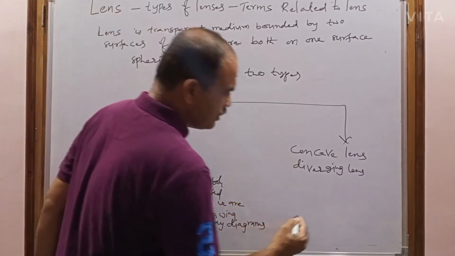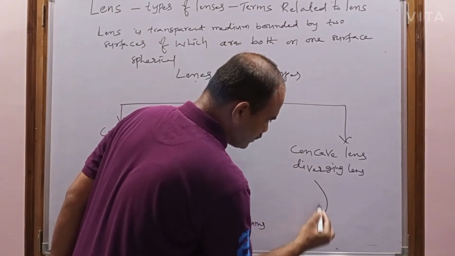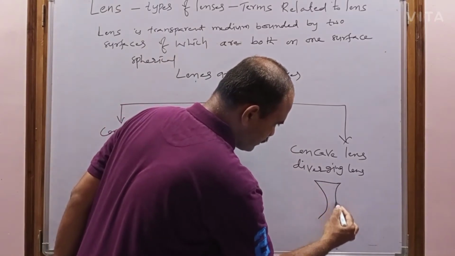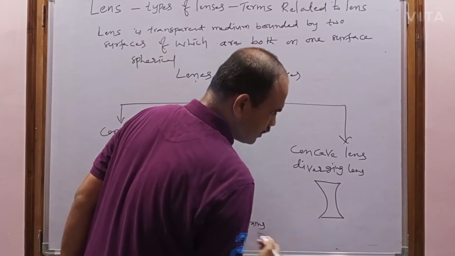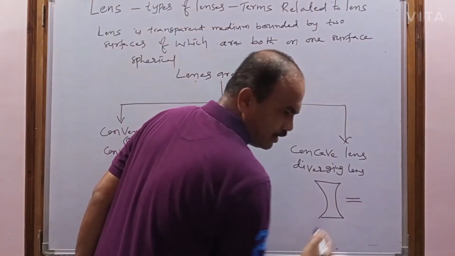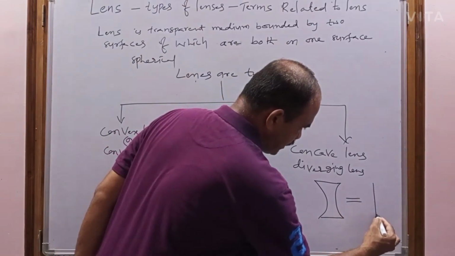Now this is a concave lens, and while drawing the ray diagram, it can be represented like this.